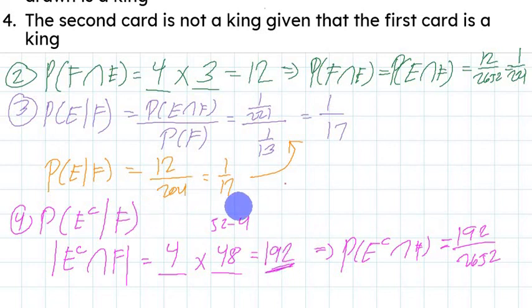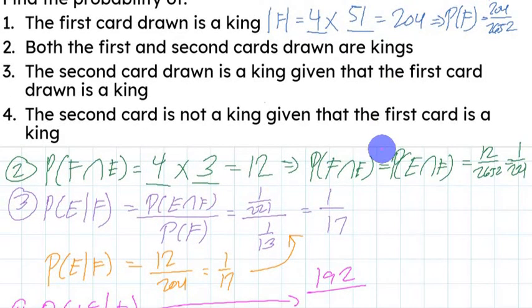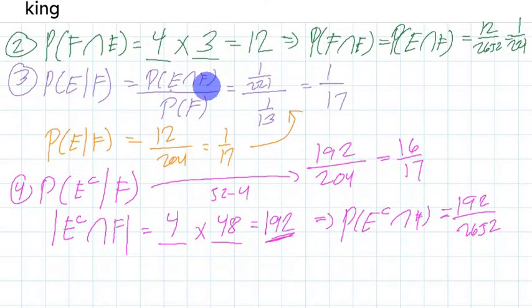So for this probability, following the orange thinking that we had here, we're going to have 192 possible outcomes of not getting a king on the second card while the first is, over the total number of outcomes wherein the first one is a king, which is 204. In lowest terms, that is 16 over 17. You can try the formula for conditional probability, and you're still going to get the same answer.